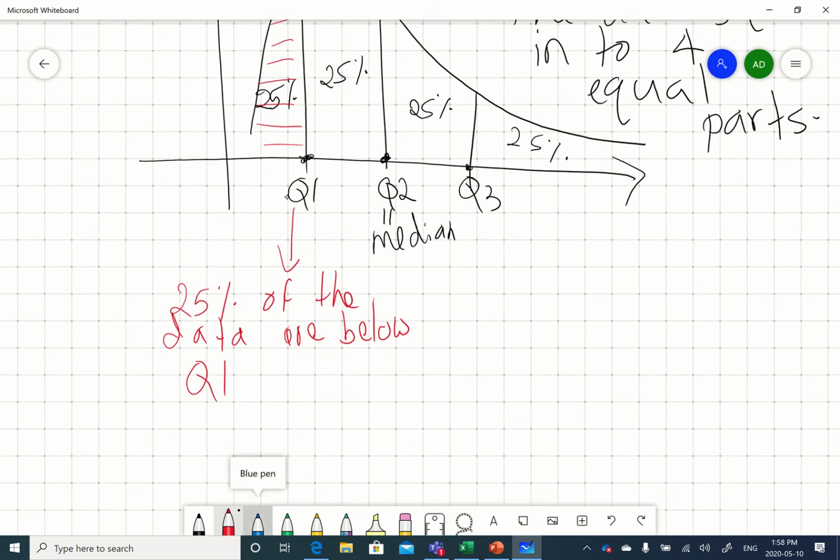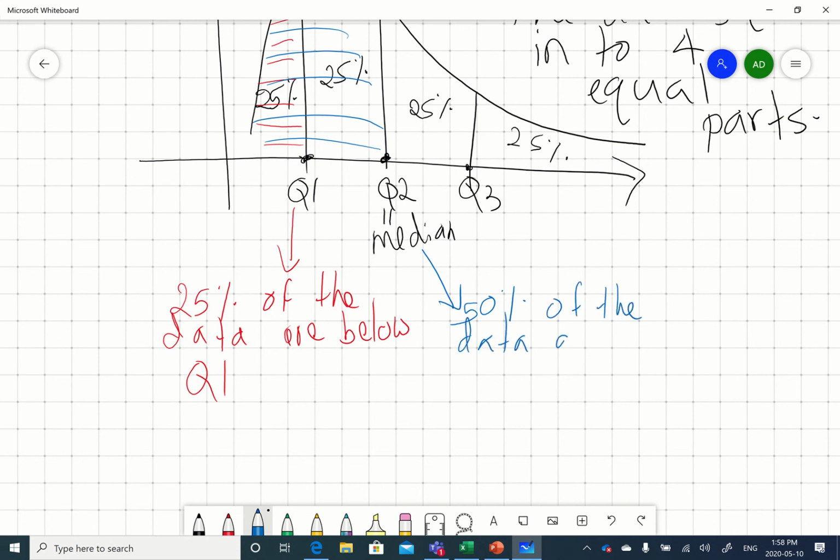And then another statement about Q2, because below Q2 I have 50% of the data. So half of the data, 50% of the data, are below Q2.